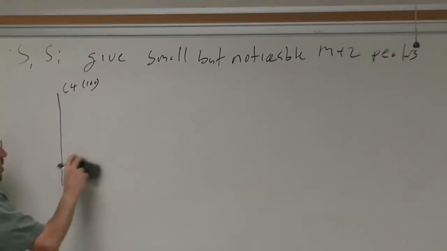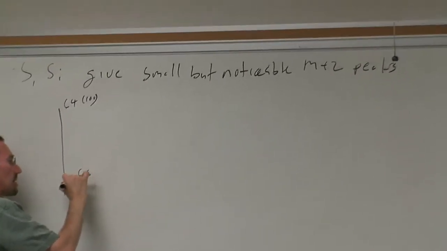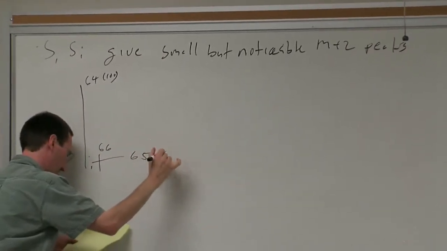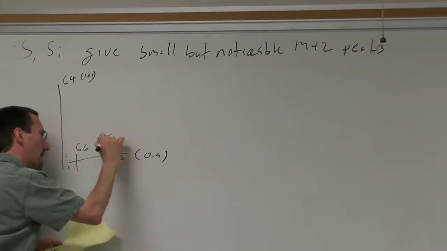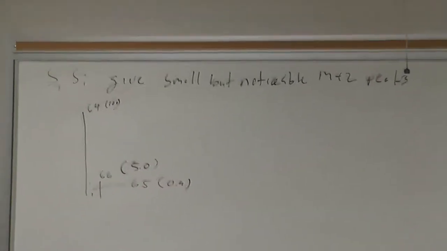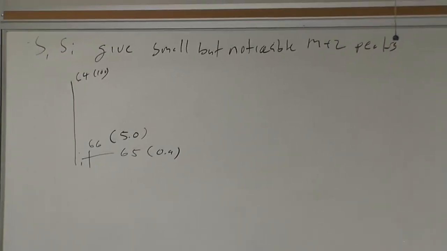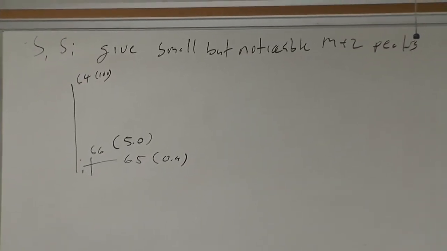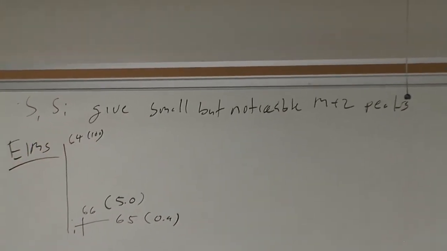I'll actually offset my drawing on this, and a line at 66. The line at 65 has 0.09. The line at 66 has 5.0. And so the question is, this is a real sketch of a real EI mass spec. And so the question is, what's the compound?